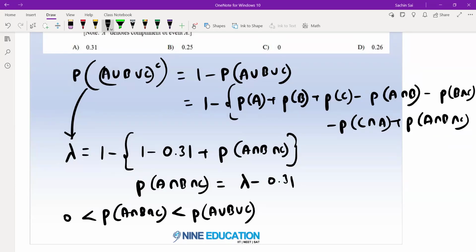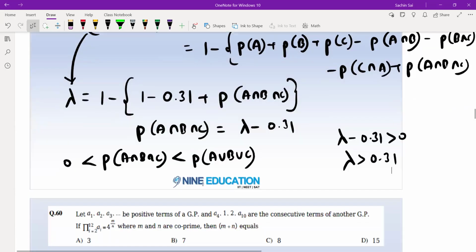But here, in this case, we only need the minimum value of lambda. Now, lambda minus 0.31 can be strictly greater than 0, which means lambda is greater than 0.31. Smallest possible value is 0.31. And if we want to find out the largest value, then we have to use the other inequality. But of course, that involves P of A union B union C.